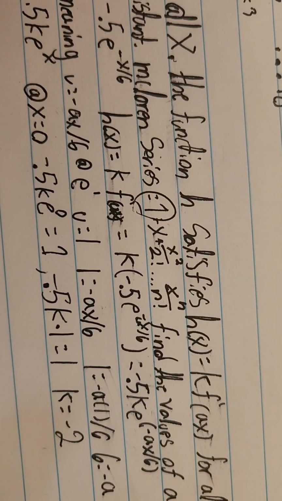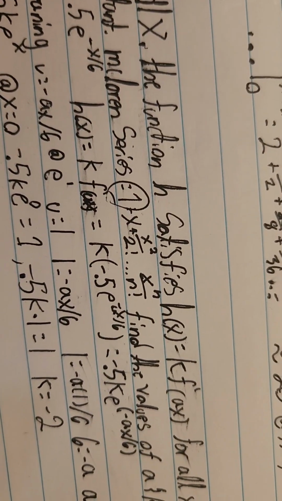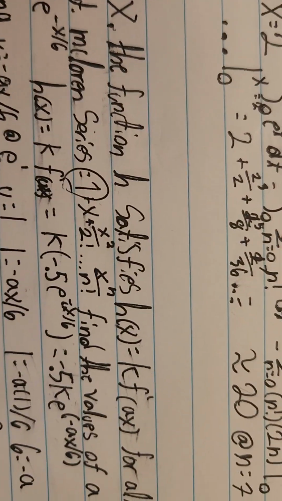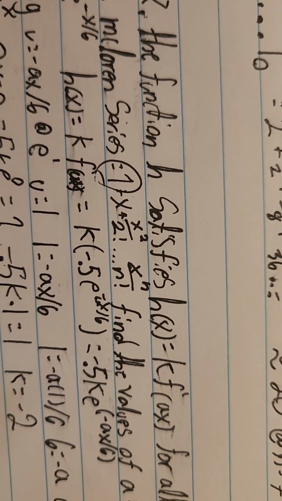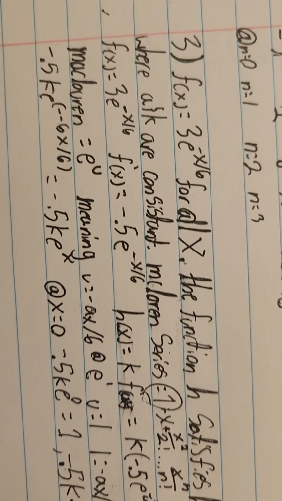This is the one provided. The Maclaurin series provided is 1 plus x squared over 2 factorial plus x cubed over 3 factorial, and so forth, following that pattern until you get to x to the n over n factorial. Find the values of a and k.